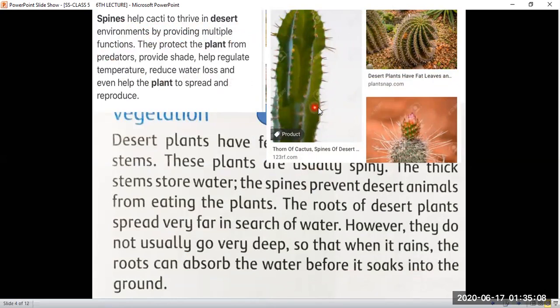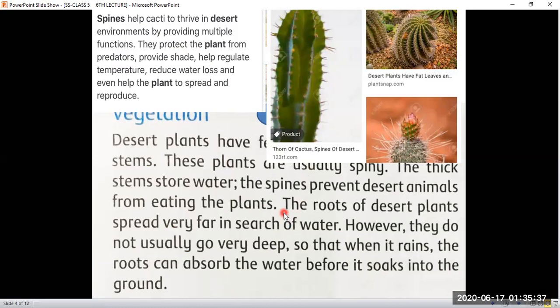They protect the plant from predators like animals, provide shade, help to regulate the temperature and reduce water loss, and even help the plant to spread and reproduce. So these are the spines which are very helpful to the desert plants.